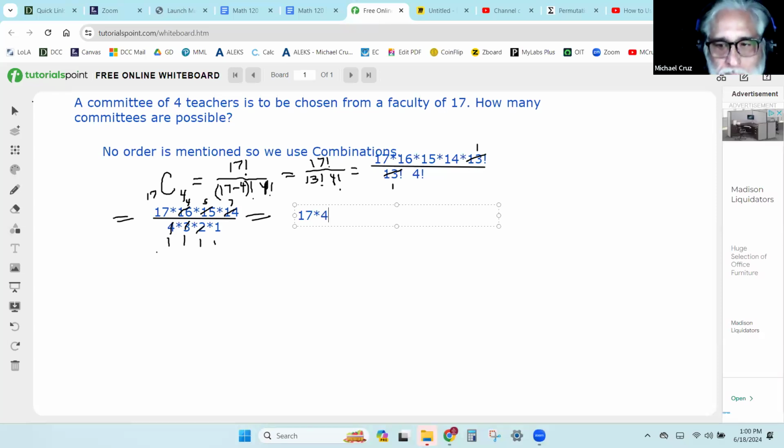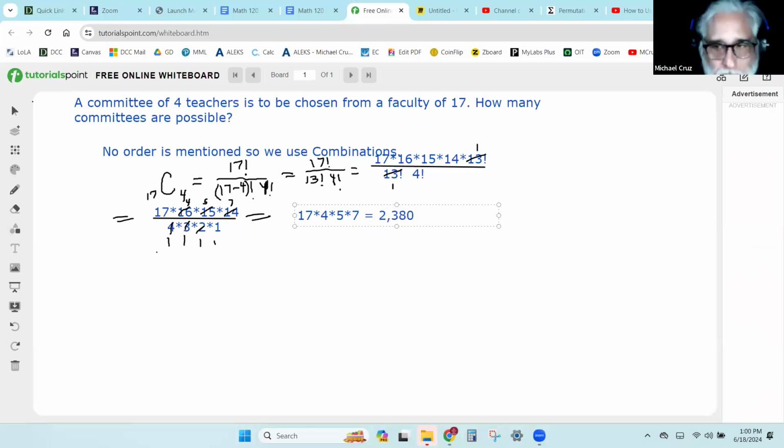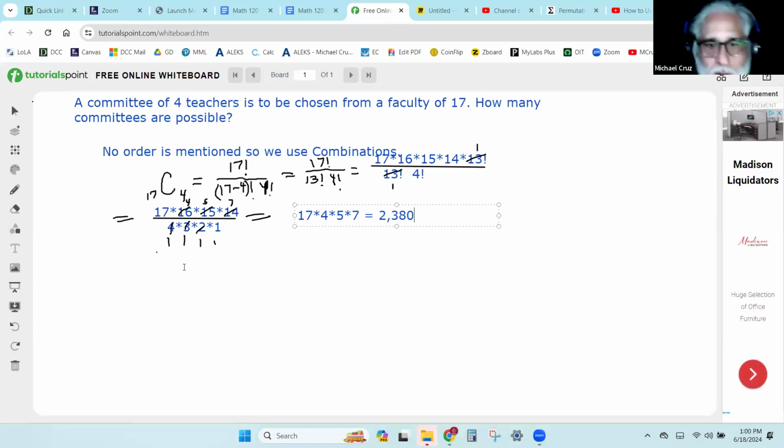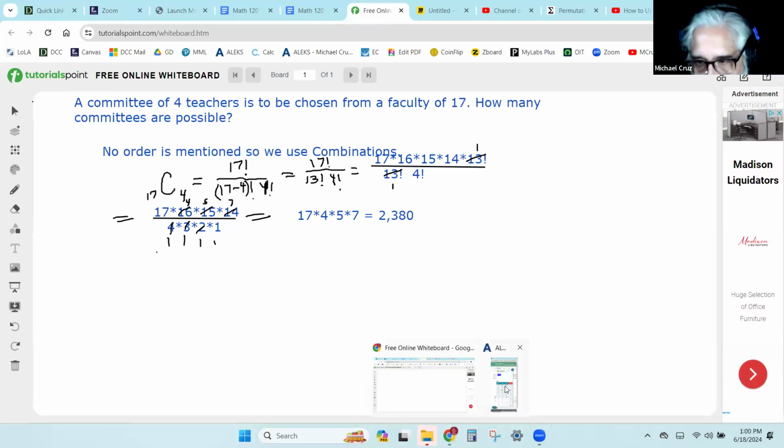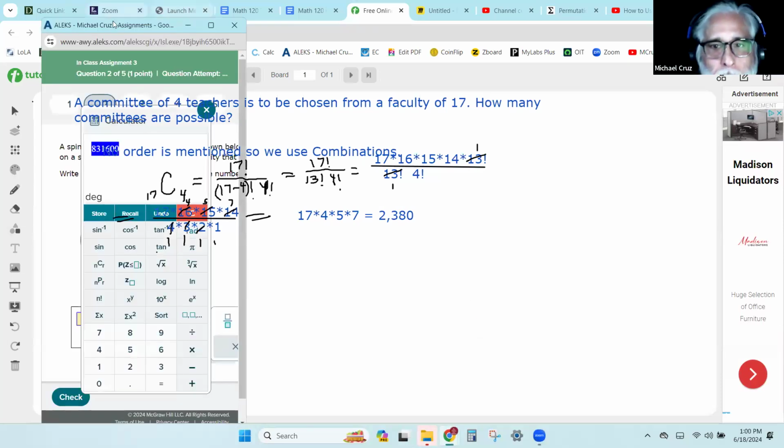17 times 4 times 5 times 7 would be equal to 17 times 4 times 5 times 7. So that's 22,380 different ways. Now, let's just see if we did that correctly by doing the calculator thing.